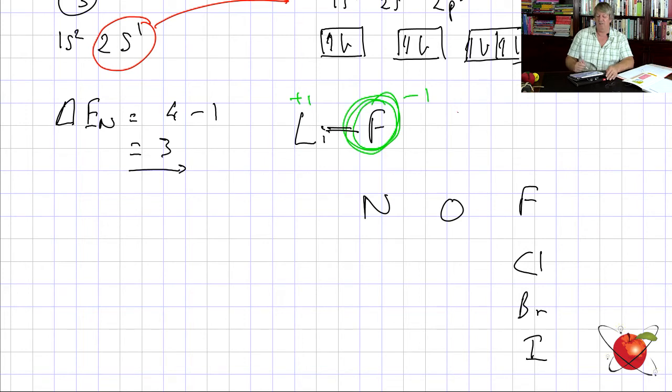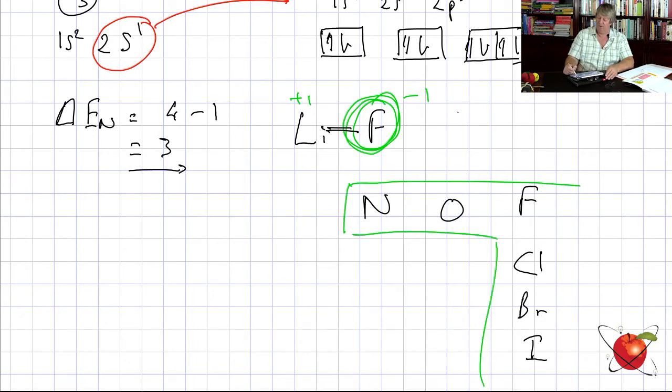Can you see those over there? Can you see the shape that they form? It forms a 7, right? These here, plus hydrogen, are always together.